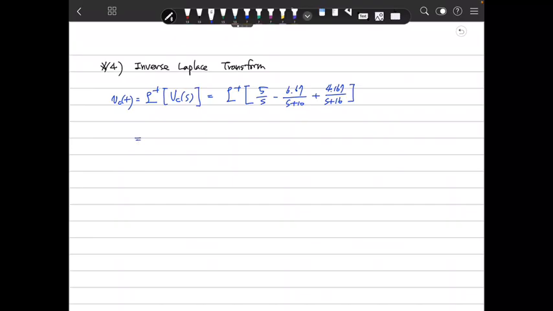So the first term is 5, the second term is minus 6.67 exponential minus 10t, and plus 4.167 exponential minus 16t. So t is greater than 0. Actually, this is plus. So this is the solution.